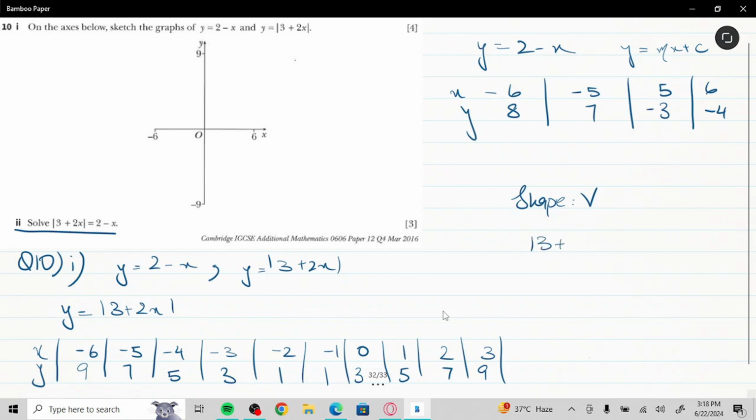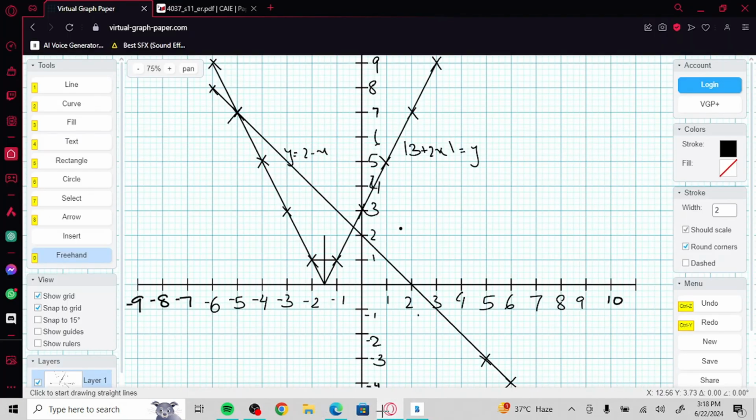Well, we could have done this algebraically, 3 plus 2x is equal to 2 minus x, or the other process. What we could do is simply use the graph and find the intersection points. So our first intersection comes at this point, and another intersection is at this point.